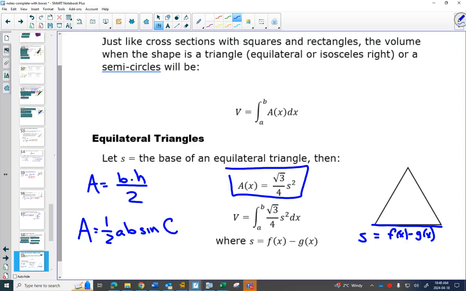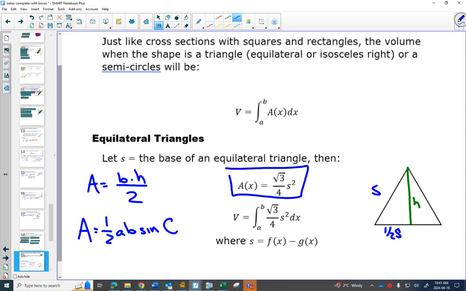I'm going to show you how we can get this formula for the area of an equilateral triangle using the ideas we already know. So I'm going to label this as S and this is S. I'm going to draw a height, and since it's an equilateral triangle, that would make that side 1/2 S. How could you find the height? You could do a squared plus b squared equals c squared.